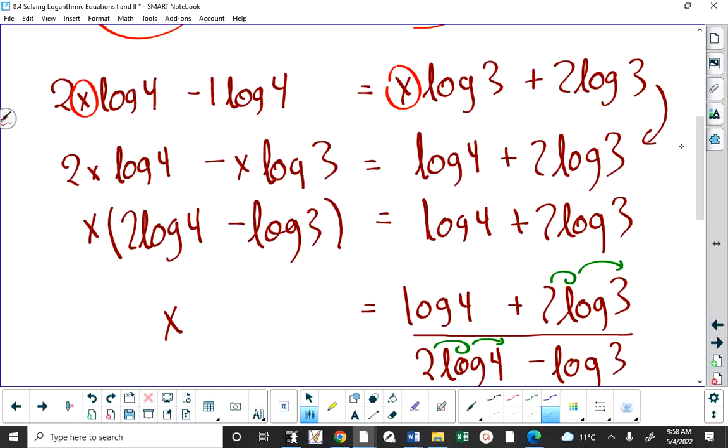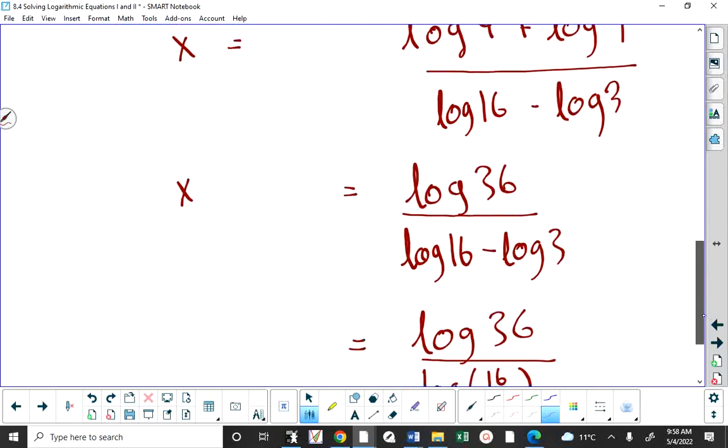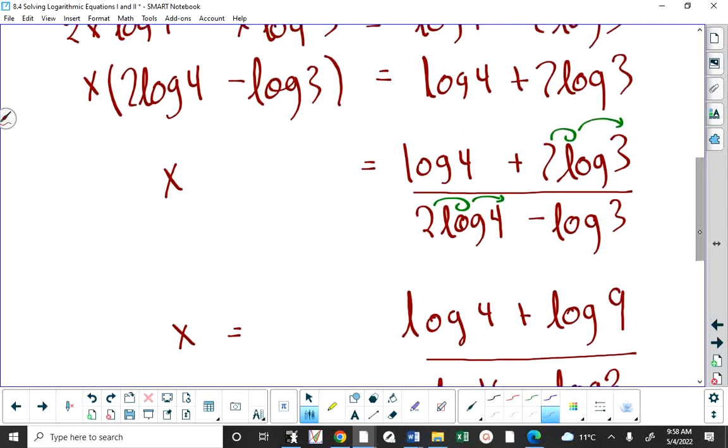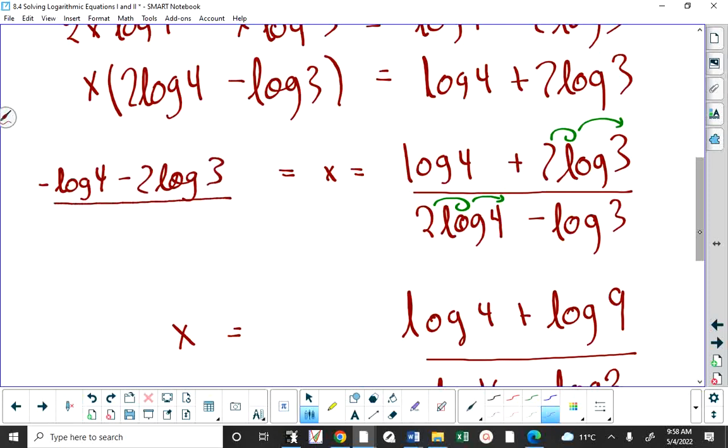If you had decided to move the terms that had x to the right, then every term would be opposite of what it was, and we would get for an answer instead negative log 4 minus 2 log 3 over log 3 minus 2 log 4. Every single term would be opposite.